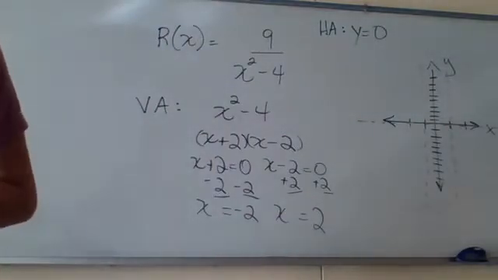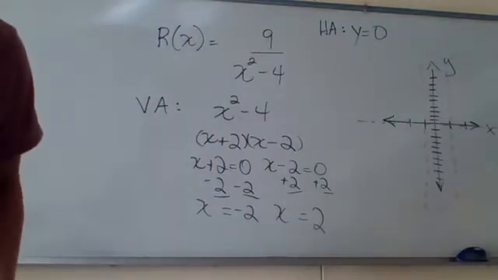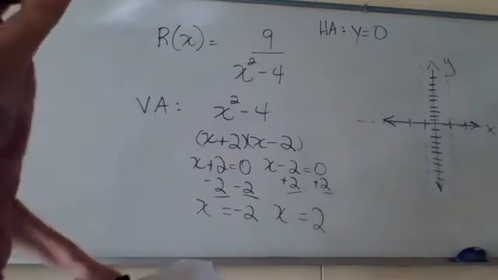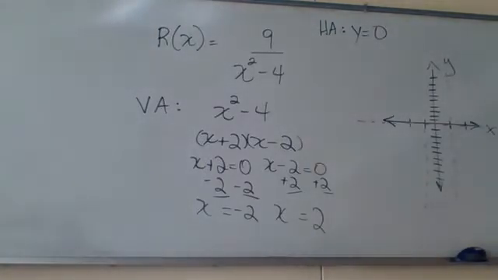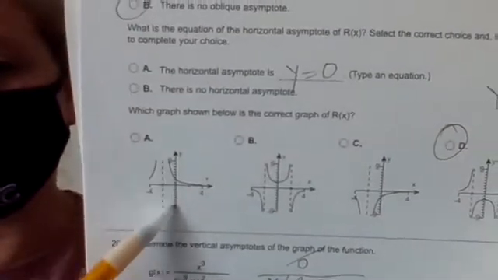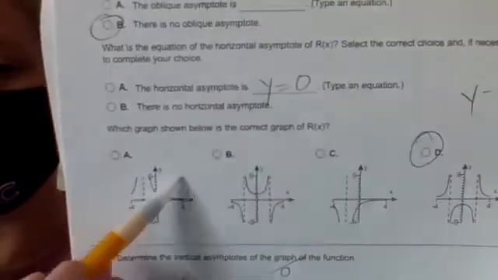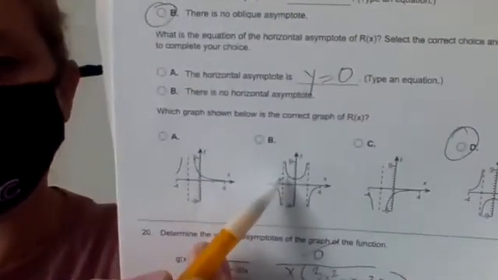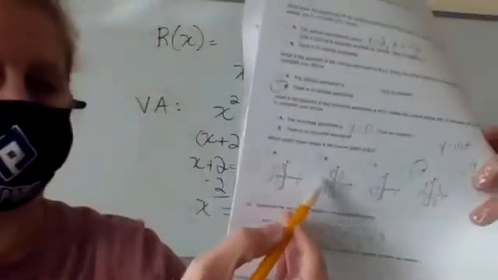So when I am looking at these graphs, this knocks out 2 of the options. This one only has one vertical asymptote, so it's not that one. This one has vertical asymptotes at 2 and -2.